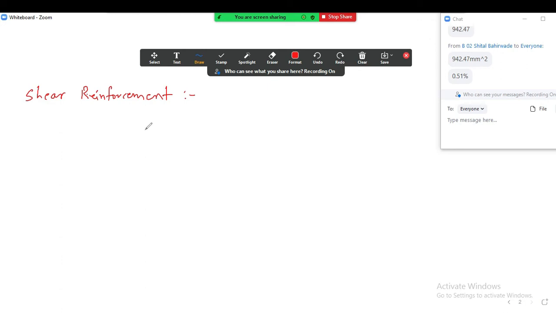So the shear reinforcement is provided as per table number 13, page number 36, IS 456-2000. हे लिहून घ्या, परत परत मी सारखं सारखं सांगणार नाही कुठल्या पेज वरती काय आहे ते. So table number 13, IS 456-2000, shear reinforcement.